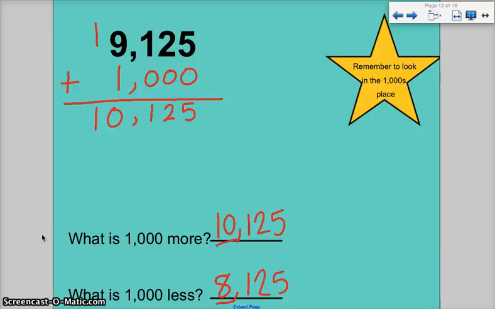So 9 plus 1 is 10. I dropped the 0, carried the 1. That gave us 10,000. I love that you showed your work, Mrs. Luzwitz, because you didn't forget to carry that 1 down. Some friends might have just gotten the answer 0,125, which sure wouldn't make sense if we're adding, so it's always important to check your work.